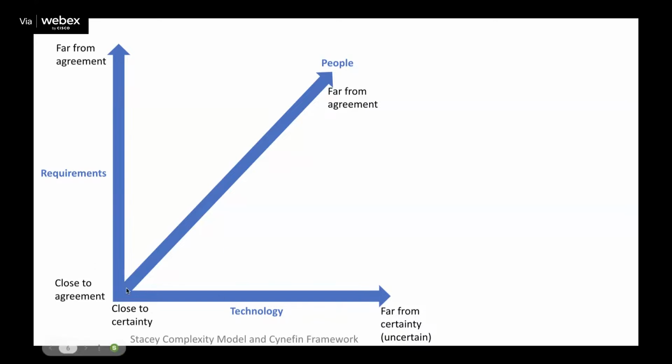If you think of the y-axis as requirements, whether they're close to agreement, which is very close to the vertex, up to far from agreement, and then on the x-axis, technology, close to certainty, far from certainty, and then the people. Are the people involved in this work close to agreement or certainty, or far from agreement and far from certainty?